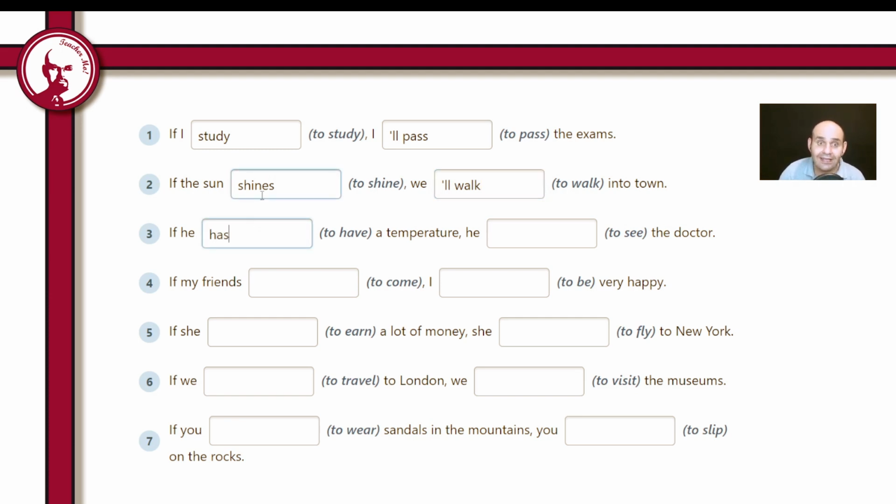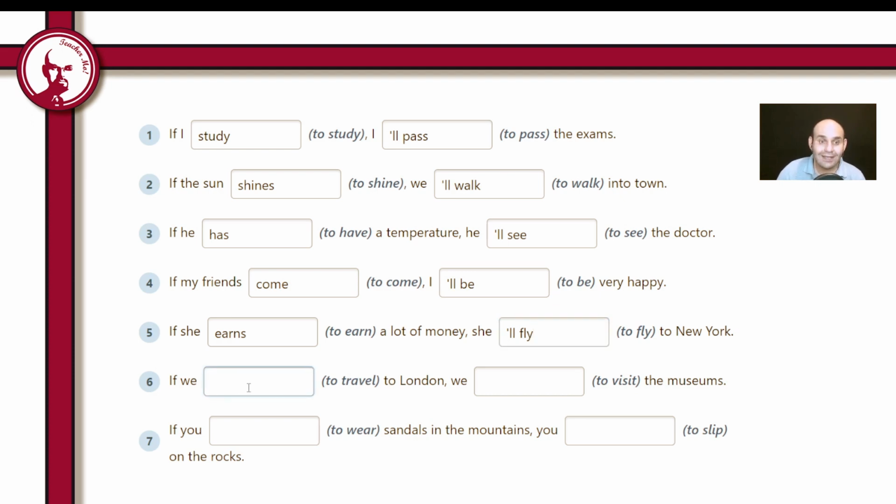If he has, very good, a temperature, he will see the doctor. If my friends come, I'll be very happy. If she earns a lot of money, she'll fly to New York.